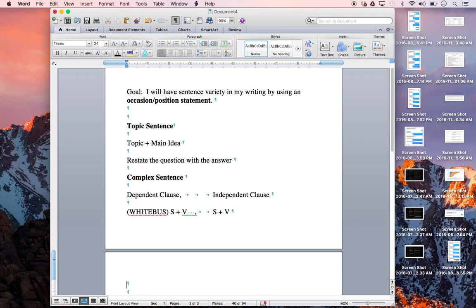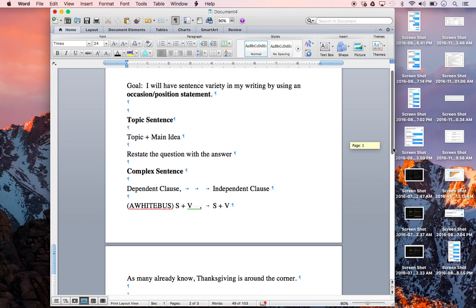An example would be, so I'm going to pick a white bus word, as. As many already know, Thanksgiving is around the corner. And there you go.